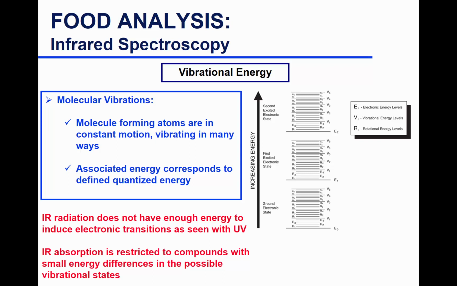IR spectroscopy is based on measuring changes in vibrational energy. The vibrational energy levels are grades within the electronic state. So you don't have enough energy to shift electronic state, so your electrons don't shift to a higher shell.